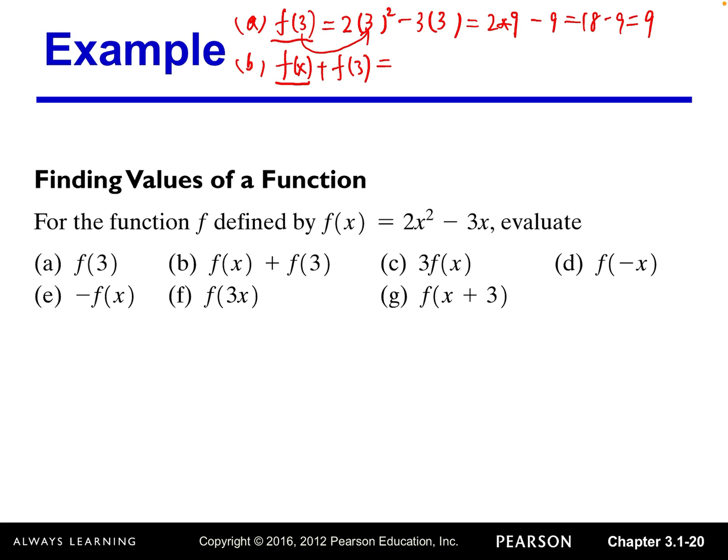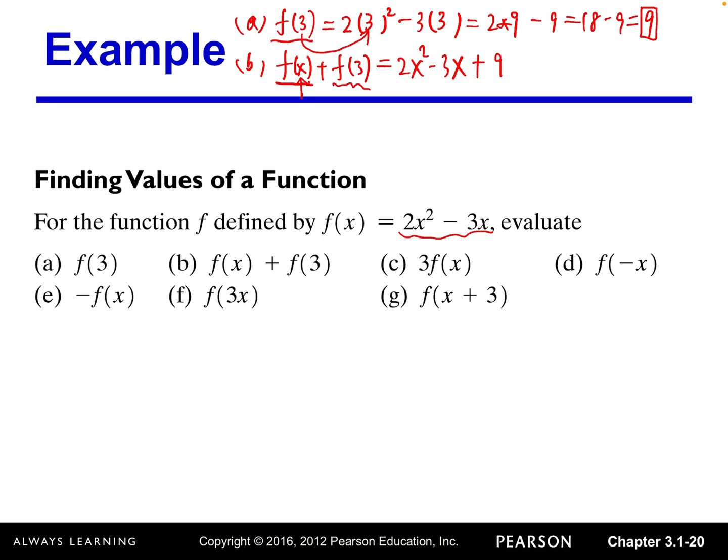For f of x, it doesn't give any specific value of x, so that's just the function definition given by the problem, 2x squared minus 3x. That's how we define f of x, plus f of 3. For f of 3, earlier we already got the evaluation. We know that equals 9.